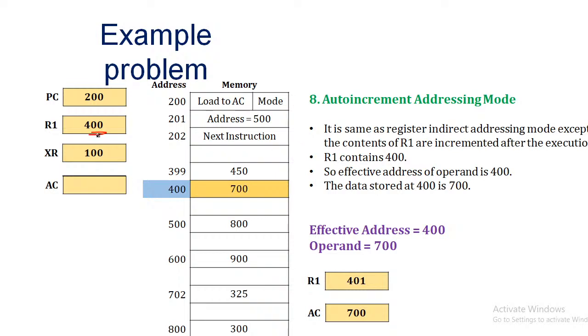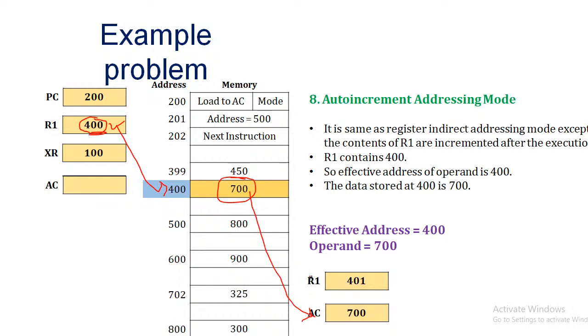The value of R1, which is 400, represents an address that contains the 700 value. This value is going to come to the accumulator, that's fine.